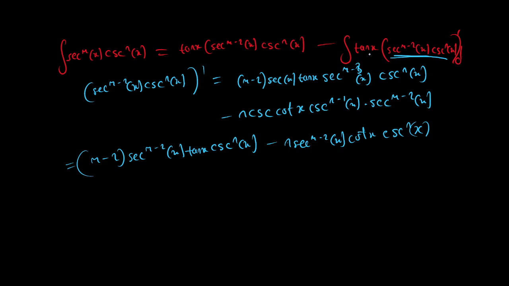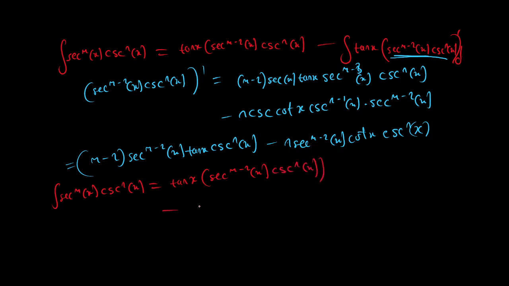If we distribute tan x, we will find out that the integral of secant to the m of x cosecant to the n of x is equal to tan of x first of all, and then secant to the m minus 2 of x times cosecant to the n of x.